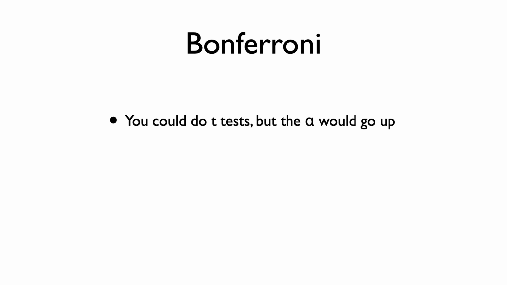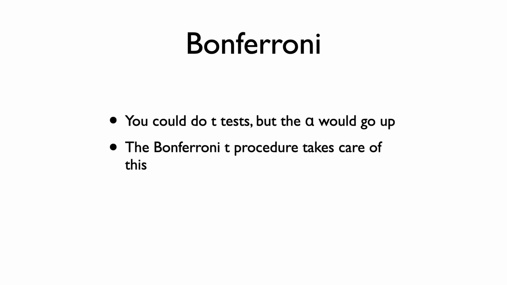Now we have to set our alpha level for our t-test, if we were doing 3 t-tests rather than analysis of variance, at 0.05 divided by 3. This takes that into account and gives you a new critical t-value, the right value for alpha.